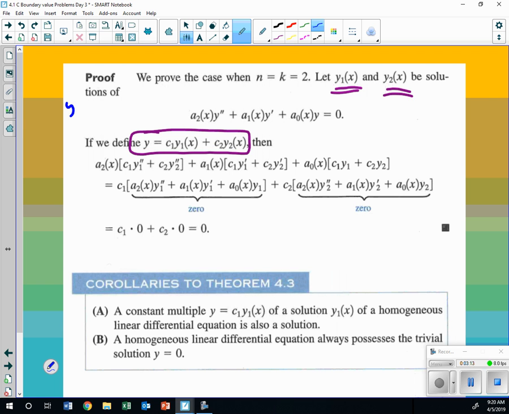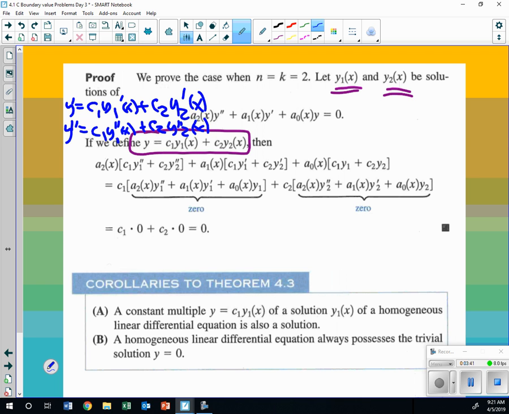So y prime is c1 y1 prime of x plus c2 y2 prime of x. And then the second derivative is c1 y1 double prime of x plus c2 y2 double prime of x.